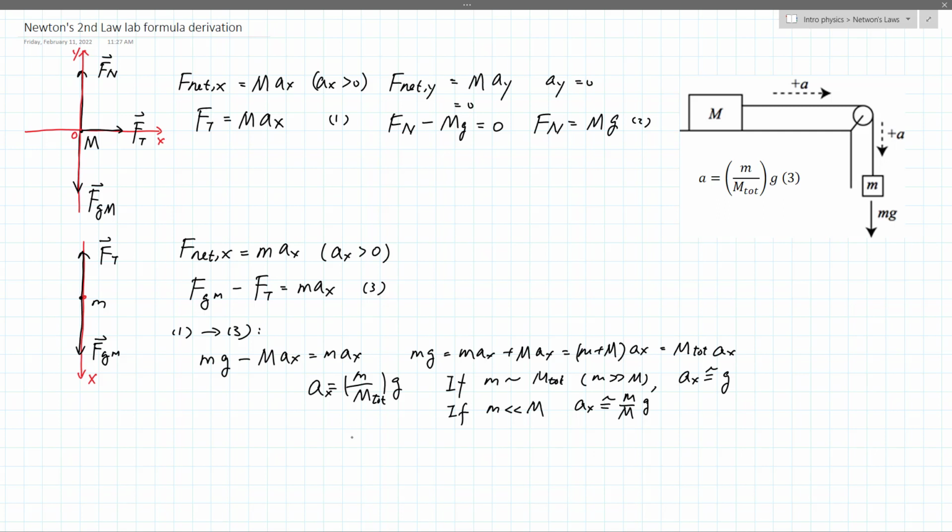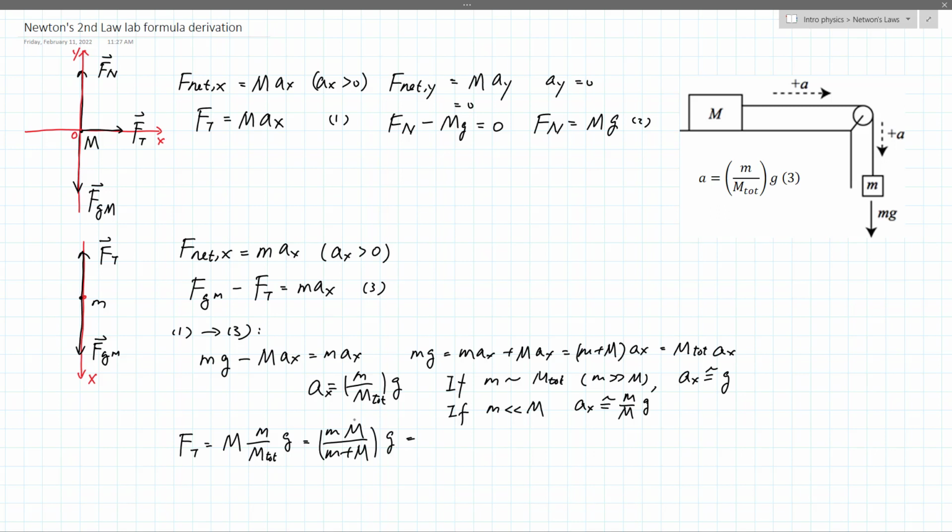Okay, so since we can solve two unknowns, we should just do that. We just solve tension out. So tension is equal to capital M times lowercase m over M total times g. And I'll rewrite it, Mm over m plus M, g.